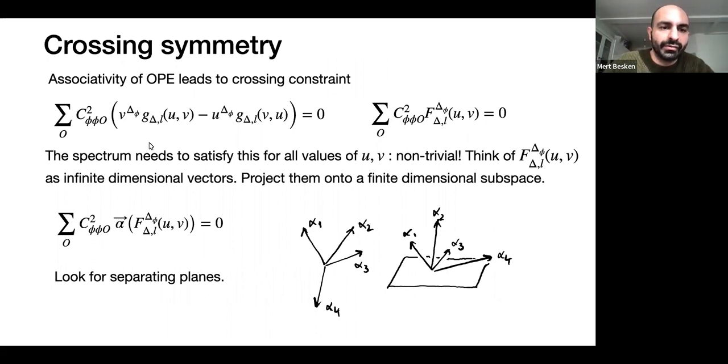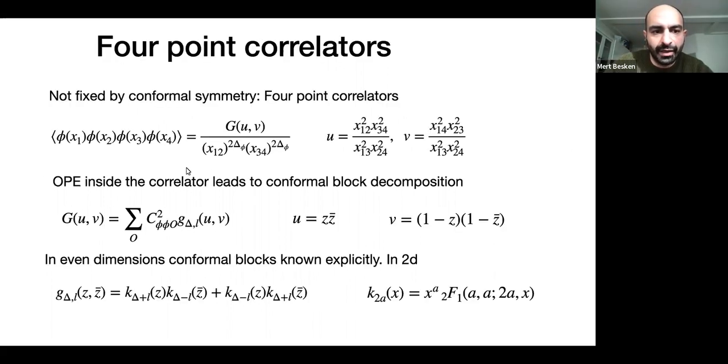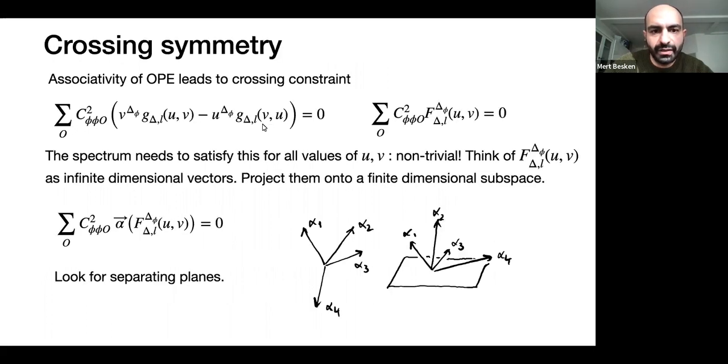So that means we can write down an equation using the S channel OPE minus the T channel OPE, which should just give us 0. So basically, when you do the T channel OPE, 1 with 3 and 2 with 4, that basically changes the roles of U and V, and we get this G(V,U). And because these two expansions are the same, this should give us 0.